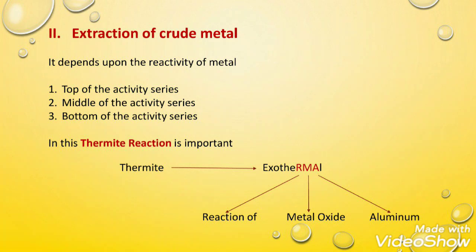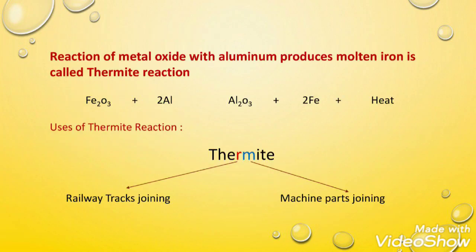So exothermal, thermite. In exothermal I am taking R. In THERMAL, the R letter gives reaction of, M letter gives metal oxide and Al gives aluminium.